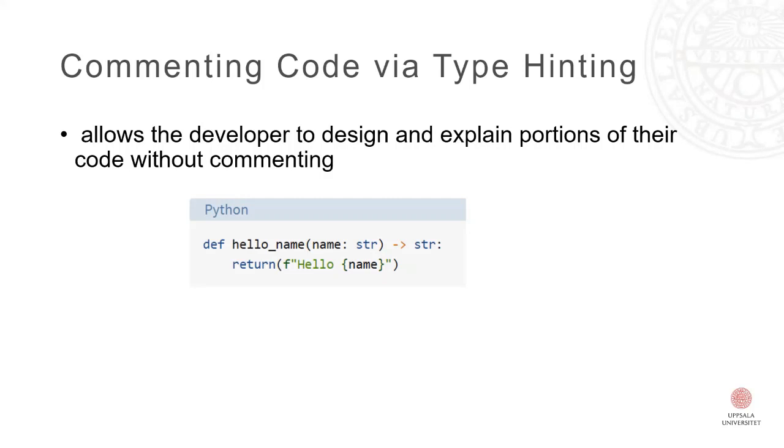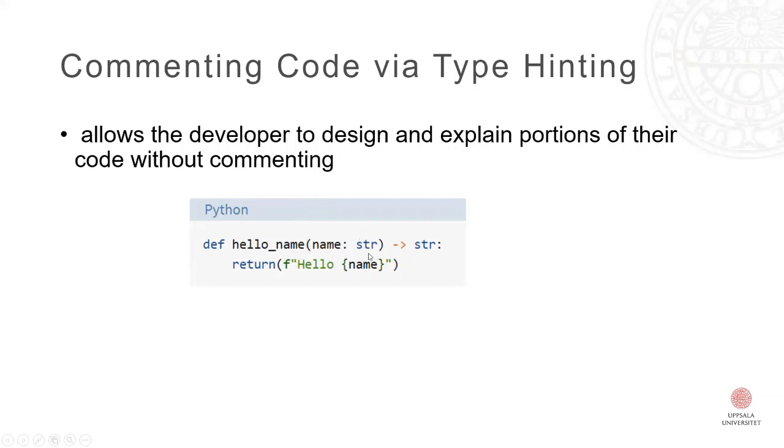For example, here you see the definition of a function which has the name hello name, and it has an input argument. Normally when we want to pass input arguments, we just need to give them a name in the definition of the function. But with type hinting, you give a hint about the type of this input argument. You see here, the name is followed by a colon and then str written.